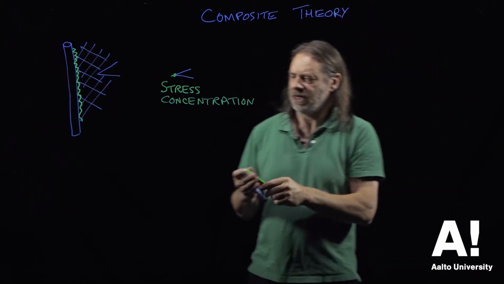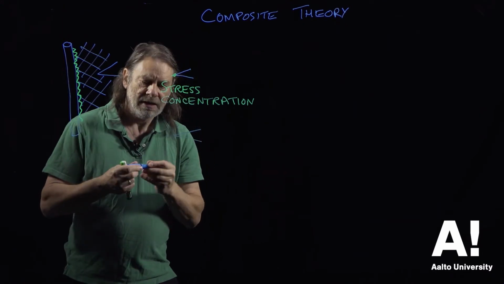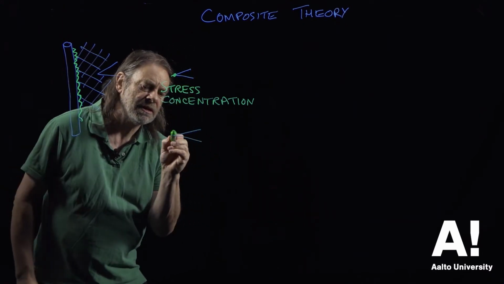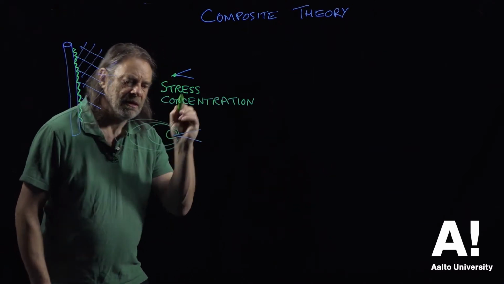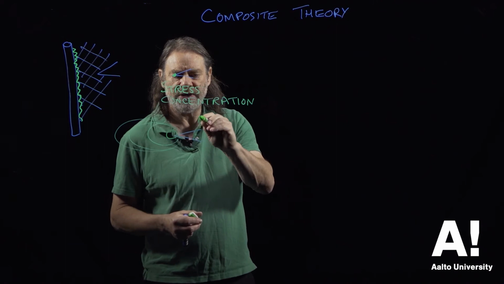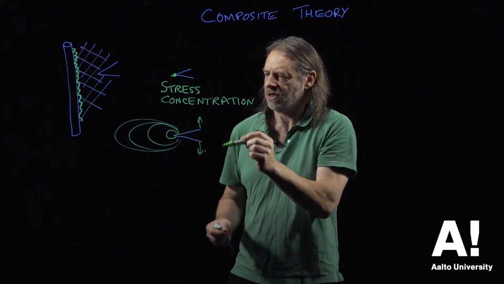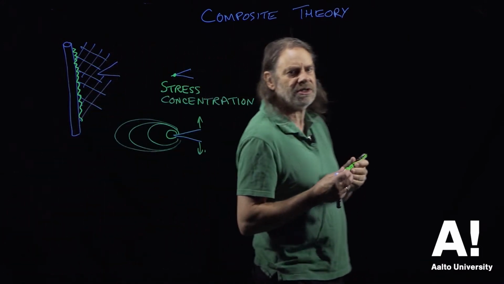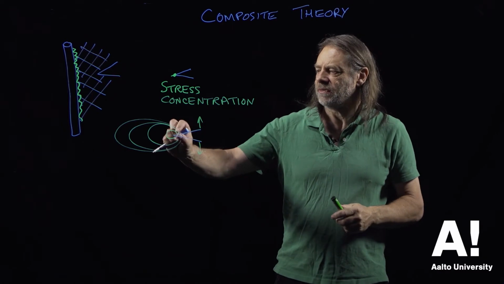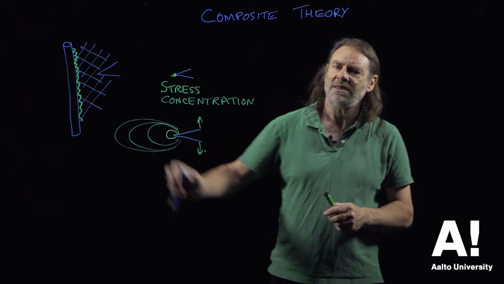You can see running ahead of the crack these lines which represent the stress. Because you're applying a load, you're trying to separate those two interfaces, creating a new surface, and all of that load is being concentrated in that region. The result is that the stress concentration runs ahead in a pattern, something like that.